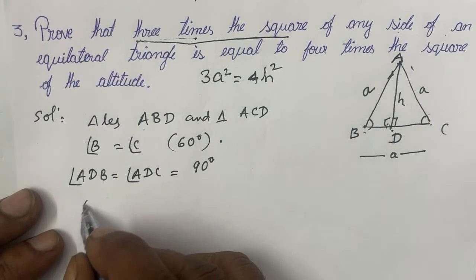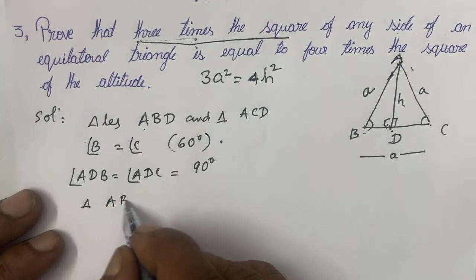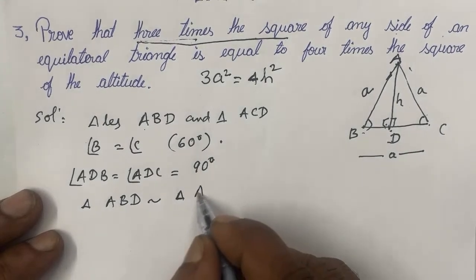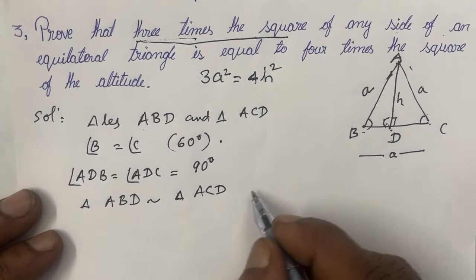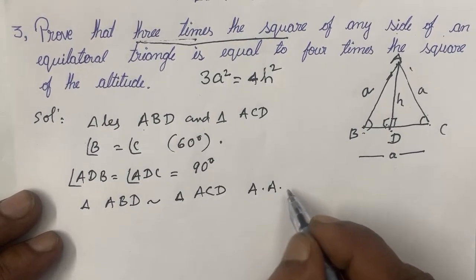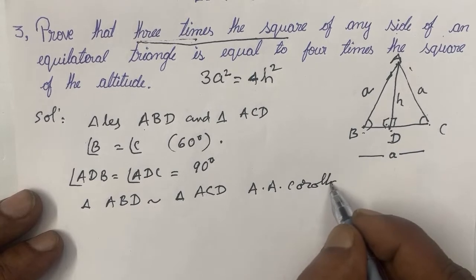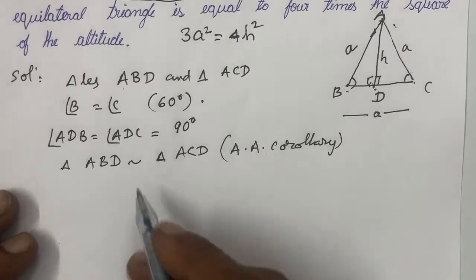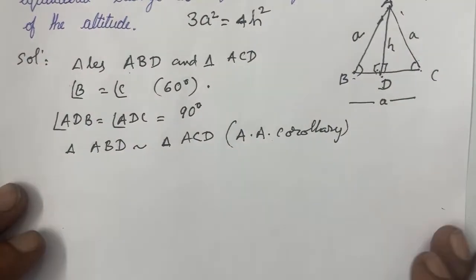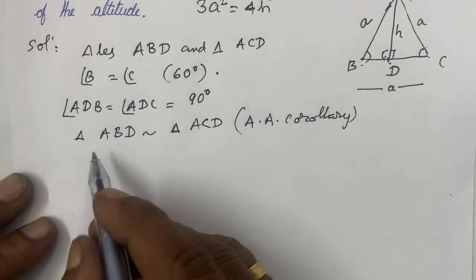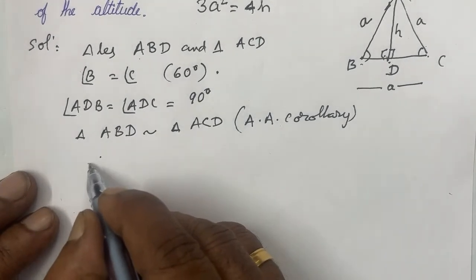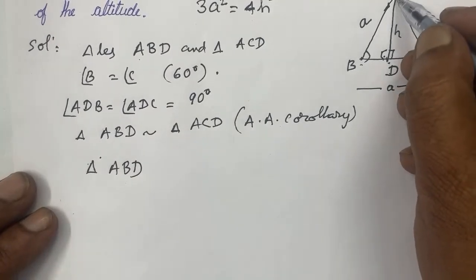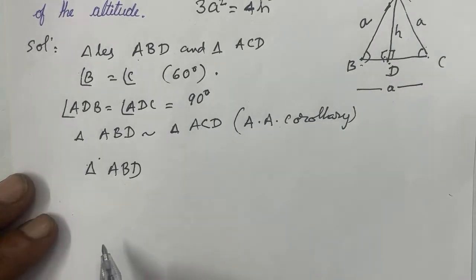Triangle ABD is similar to triangle ACD, based on the angle property. So to prove this, I want to take one triangle, triangle ABD. This triangle is most important for me.